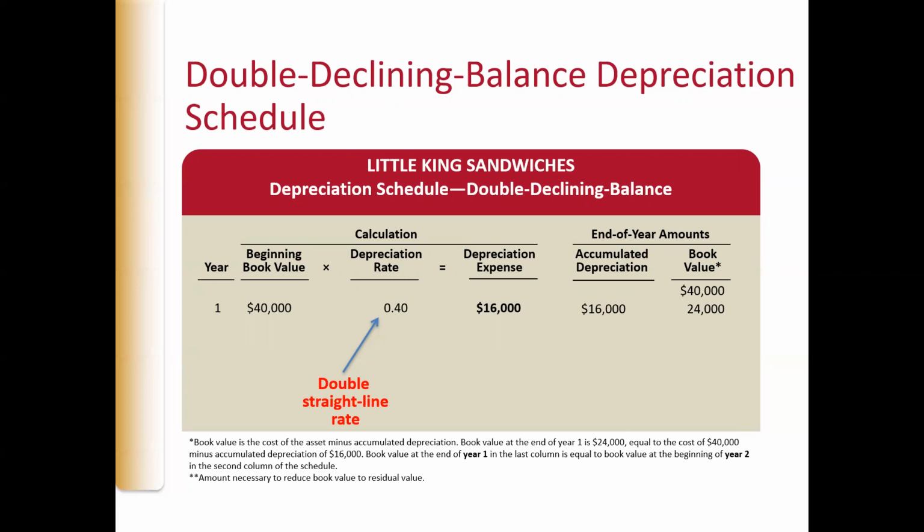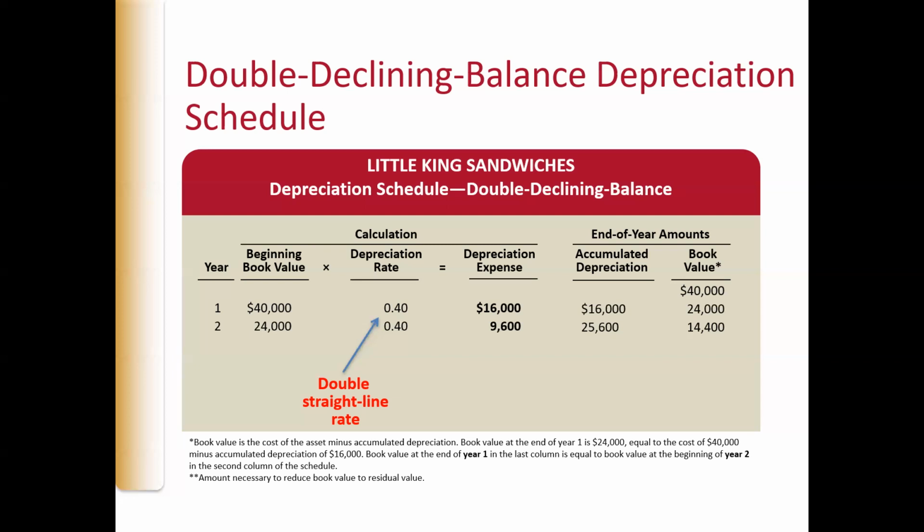Then we come up with a new book value on the asset. The next year, we take 40% of that new adjusted book value. It's now gone down to $24,000. So in year 2, we take $24,000 times 40%, which is $9,600. Do you see we're accelerating the depreciation in the earlier years?